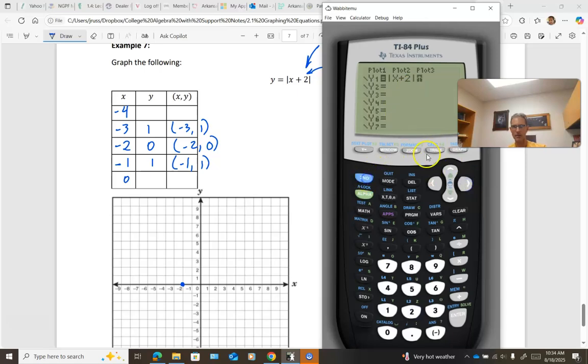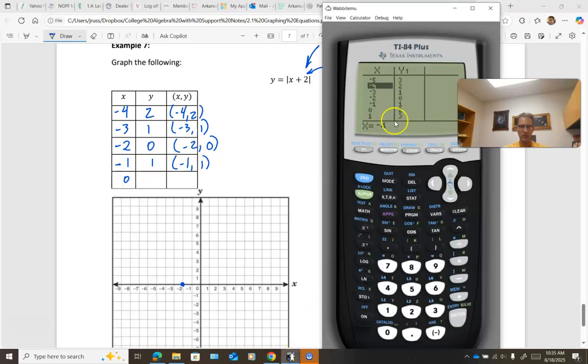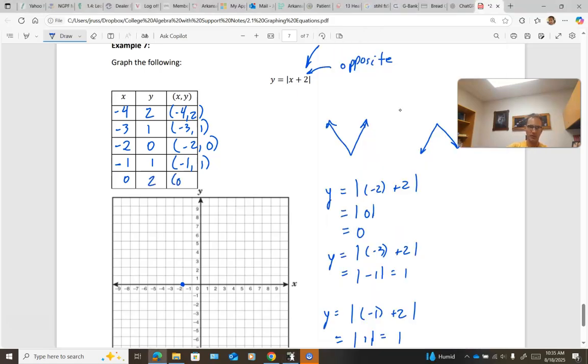And now I can go to my table if I want. And we can see, all right, when x is -4, y is going to be 2. And then when x is 0, y is also 2.